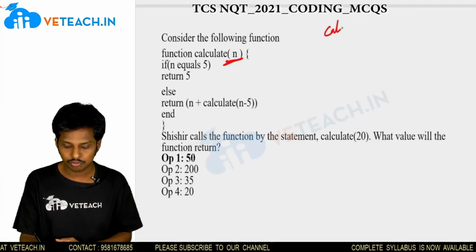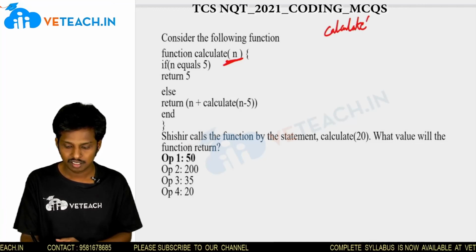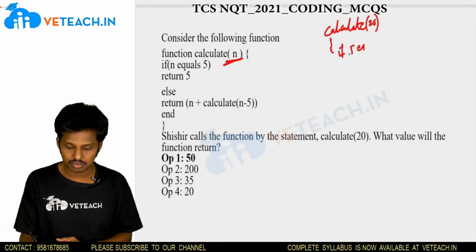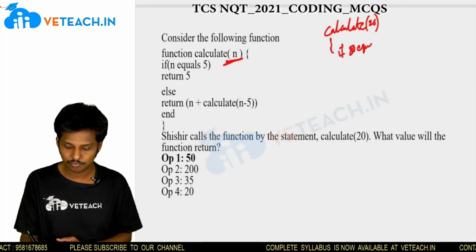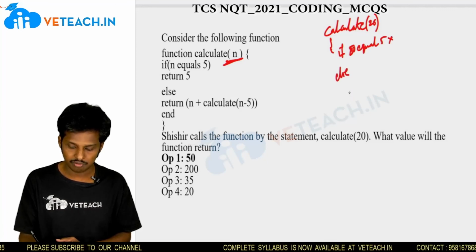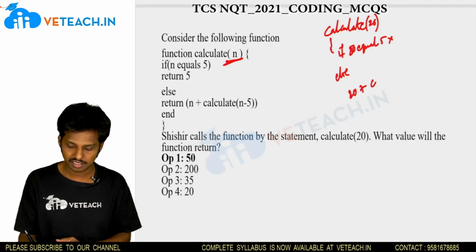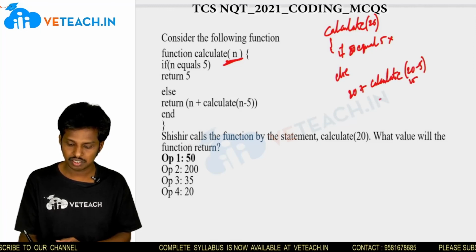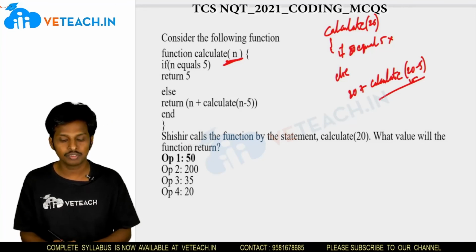So calculate of 20. So when this function is called, 20 equals 5 is not correct, else it's going to return 20 plus calculate of 20 minus 5, that is 15. So in order to calculate this, we require calculate of 15.